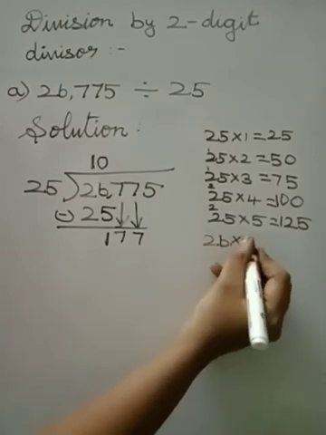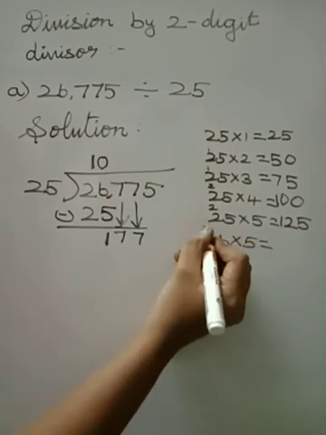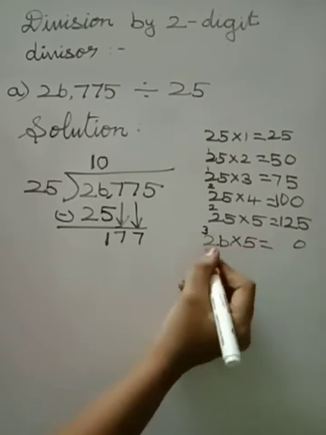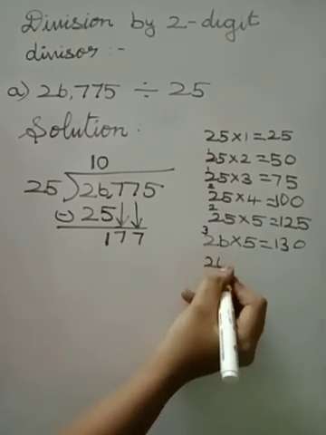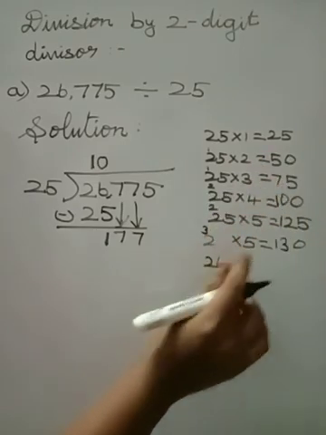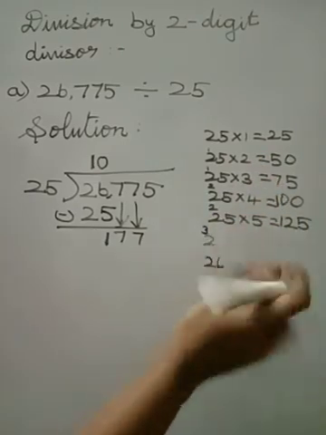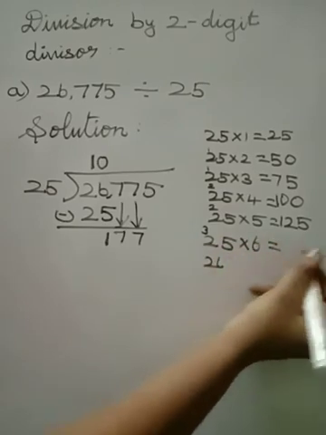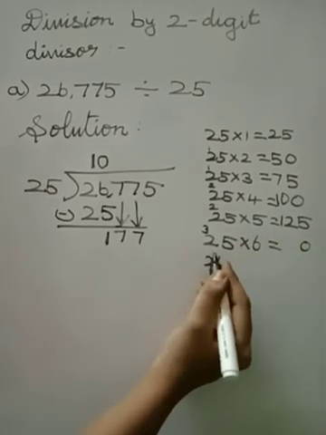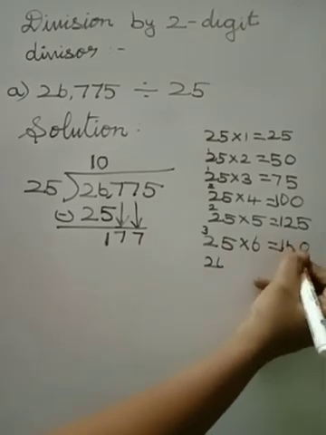It is 25 into 6. 6 fives are 30, 6 twos are 12, 13, 14, 15.